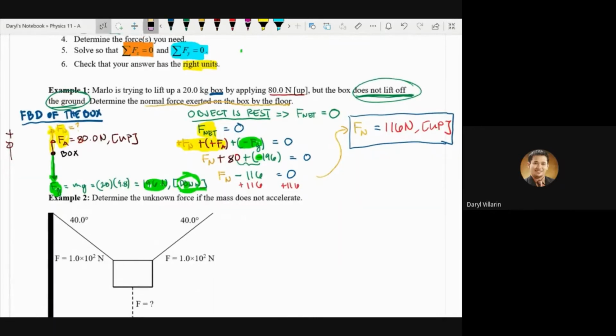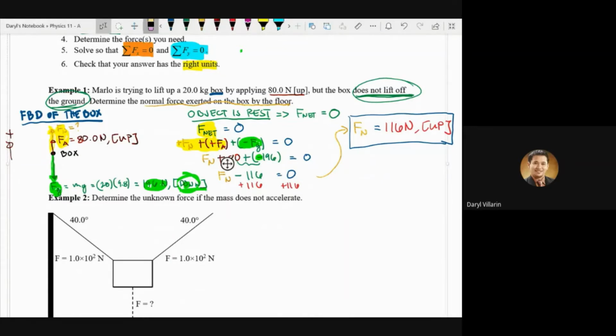Okay, so we can move on. Example number 2. Again, hopefully you can reconcile this, that the net force is equal to 0, going to the second row, like expanding. I'm just expanding here the forces. Again, F net means taking the sum of all the forces acting on the object.